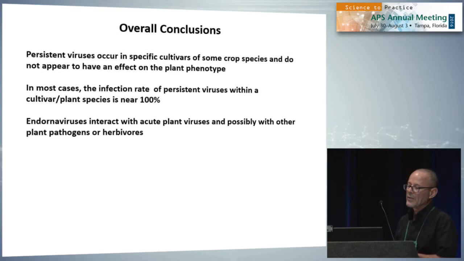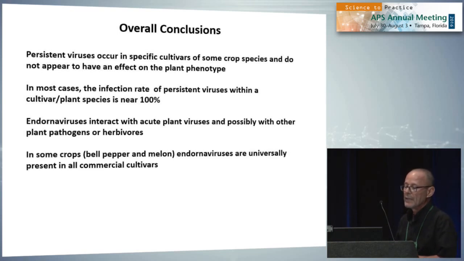Endornaviruses interact with acute plant viruses and possibly with other plant pathogens or herbivores. We have evidence of endornavirus interaction with fungi, which I didn't present here. In some crops, such as I mentioned before, bell pepper and melon, endornaviruses are universally present. So they just know healthy melon cultivars and healthy bell pepper cultivars.